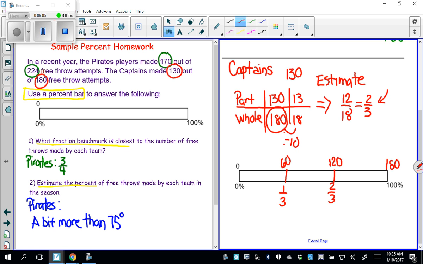And then the 130 is going to be somewhere over here. Between 120 and 180, there's 60 free throws, so I could even get a little more accurate. 1, 2, 3, 4. This would be right about 130 right here.